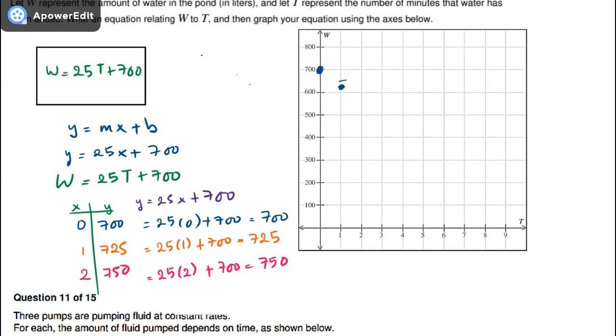Just in case you graph this on the computer to plug in the point (1, 725), there is a button that looks like this. There's a graph and there's a star right here. If you click on that button, it will give you an option to put in the point as (1, 725), and it will graph it for you.